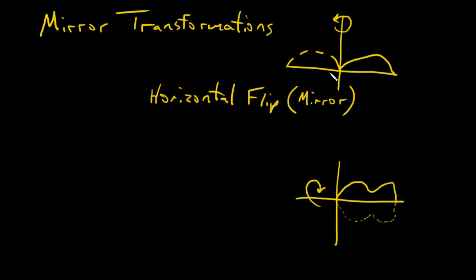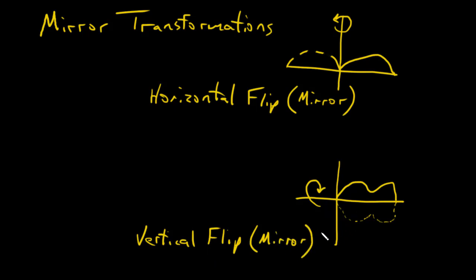So if I want to flip a function across the y-axis, that is a horizontal flip because the function itself is flipping from the right to the left or vice versa. Now down here, I am flipping from the top to the bottom. So this one is a vertical transformation, so a vertical flip or a vertical mirror. Okay?